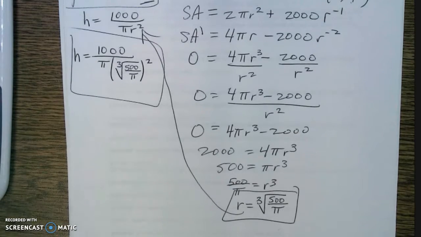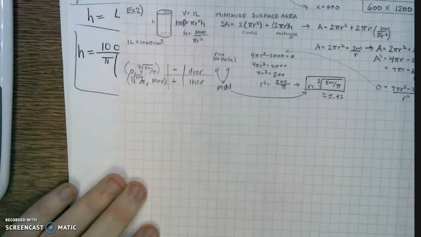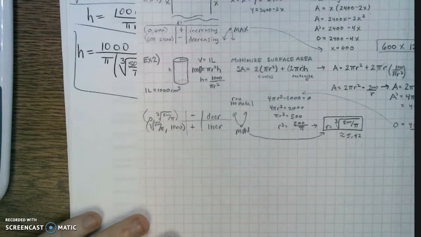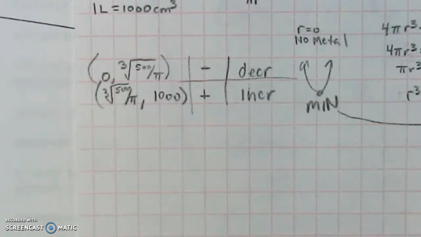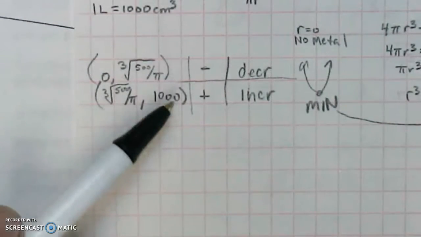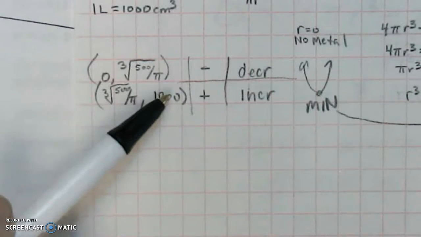And if you want to check to make sure that it's a minimum, here I made a table just to check my values. I just went up to 1,000 just because it told me a volume of 1,000, but you can go up to infinity if you want, even though it won't go up to infinity.